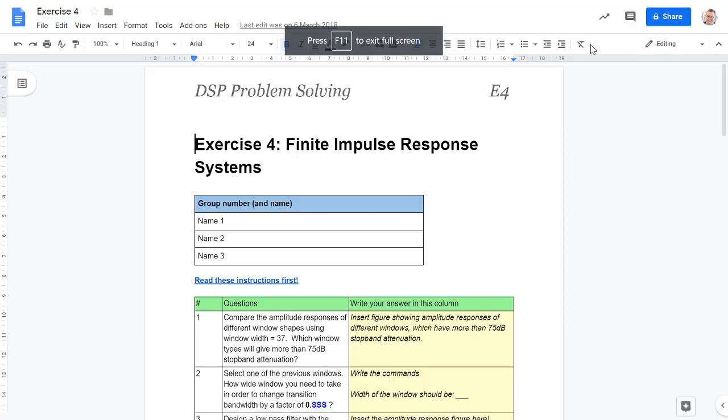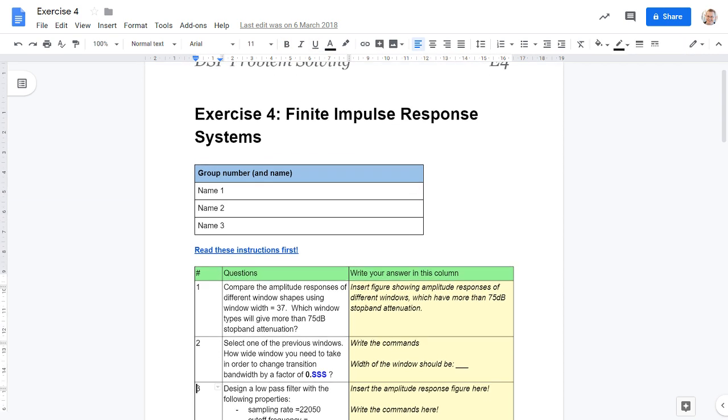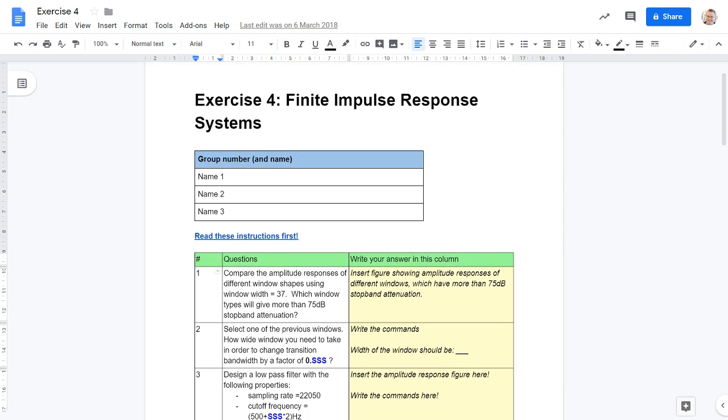Basically the first question is about comparing the amplitude responses for different window shapes, doing basically the same thing that I have done on my slides there. Then selecting a window and how wide a window you need to take in order to change the transition bandwidth by the factor of your secret number. Yes.